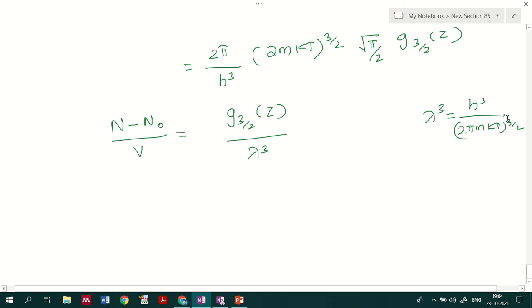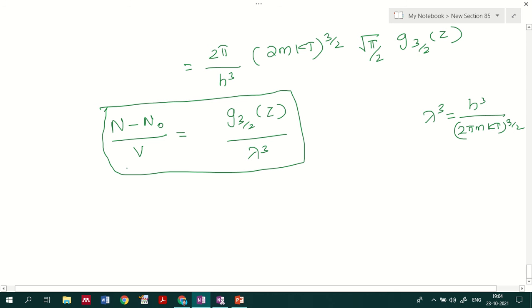So n minus n0 we can also represent in terms of the Bose-Einstein function.